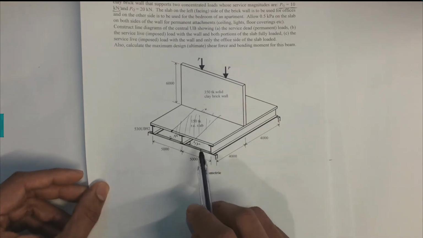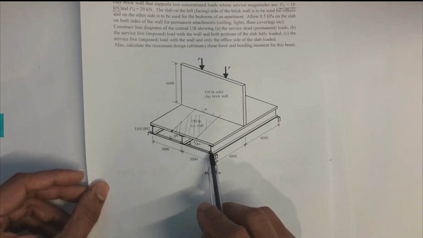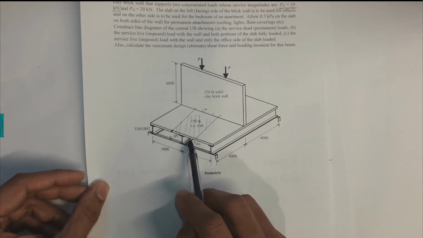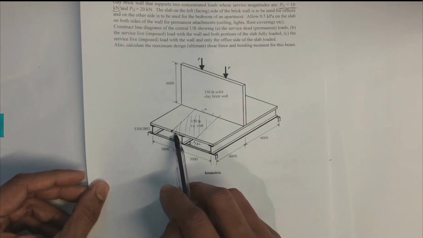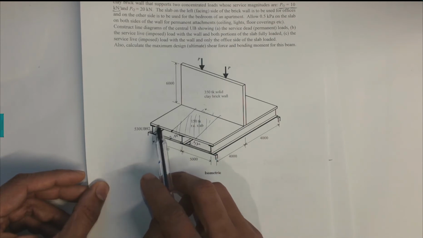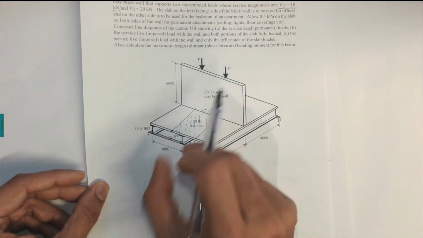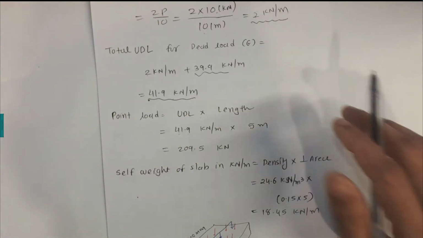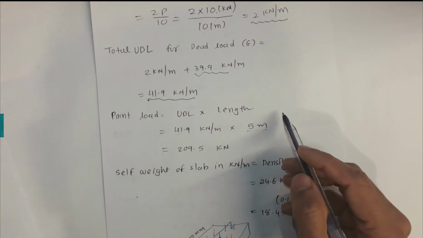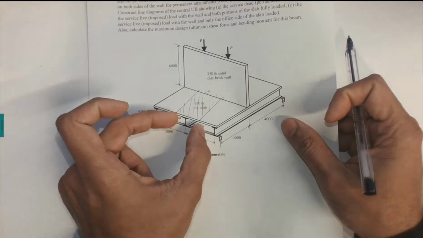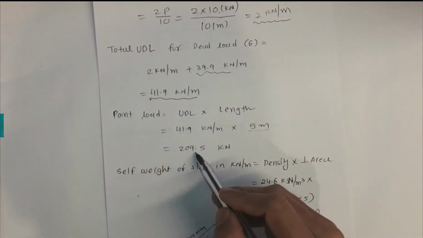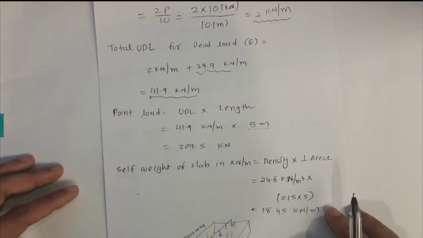Because half of this slab will be carried by this one, half of the portion will be carried by this steel beam, half of this portion will be carried by this one, half of the portion will be carried by this steel beam. So only 5 meters will be carried by this steel beam. So therefore this 5 meters coming from this one will give us 209.5 kilonewtons.